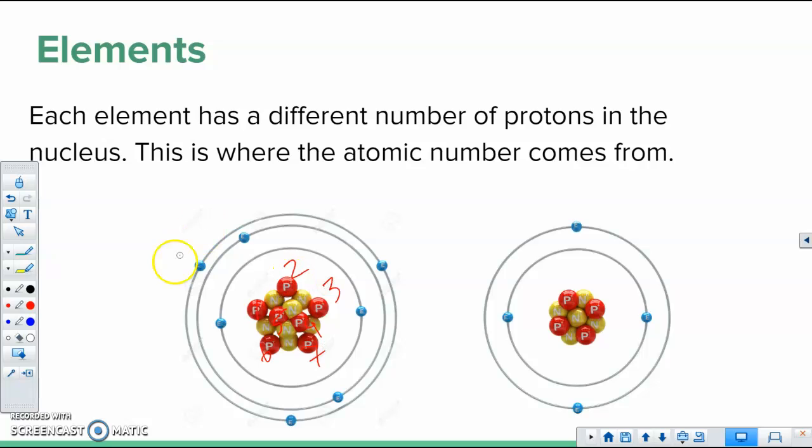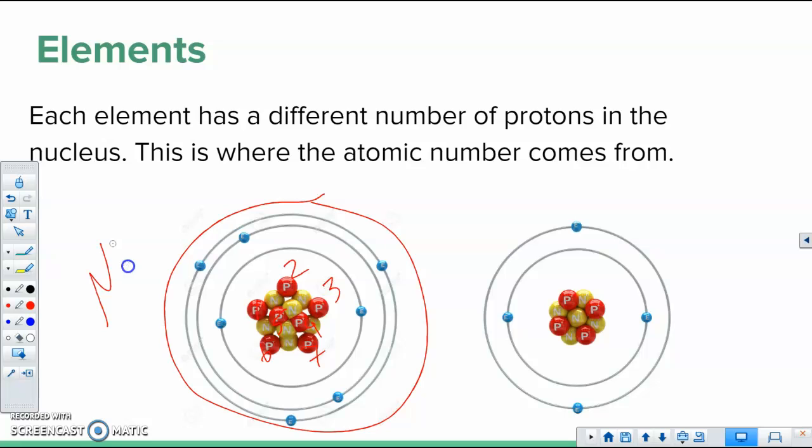So this atom over here would be an atom of the element nitrogen. The second one, this time we have 1, 2, 3, 4 protons. If I take a look at the periodic table, I see that atomic number 4 is beryllium. So this would be an atom of beryllium over here.